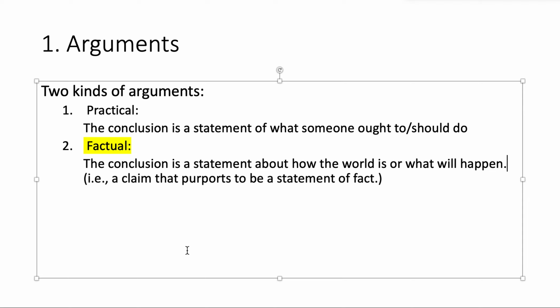It's not the case that pigs can fly, but it's a sentence that's purporting to be about the world. When I say pigs can fly, I'm purporting to make a statement of fact, to describe how the world is. I'm wrong, but I'm still in the business of describing the world. I'm not making a statement about what someone ought to do or should do. And so my argument is a factual argument.